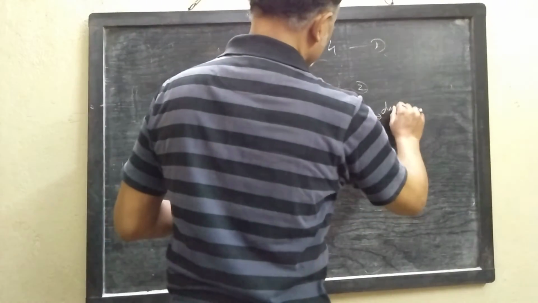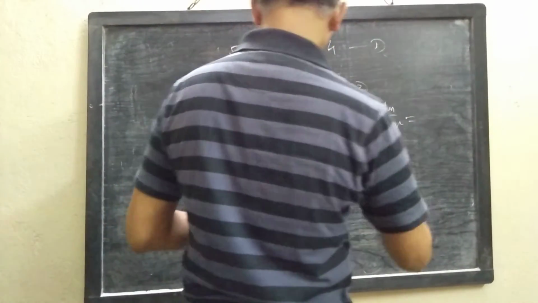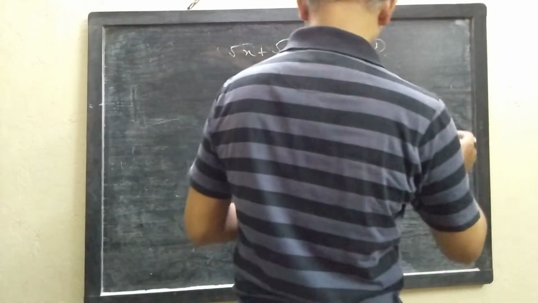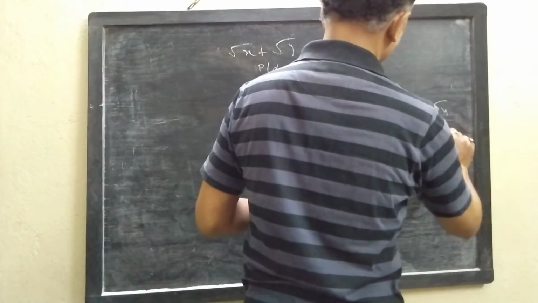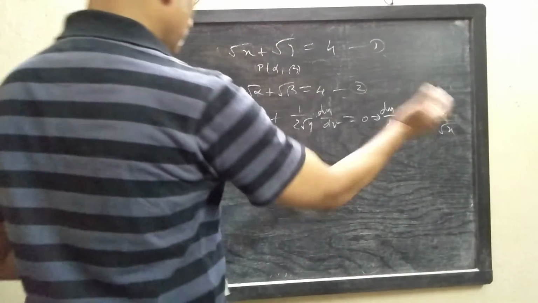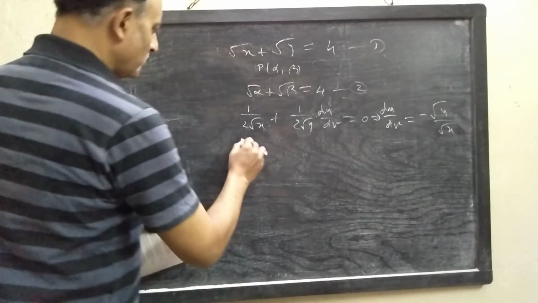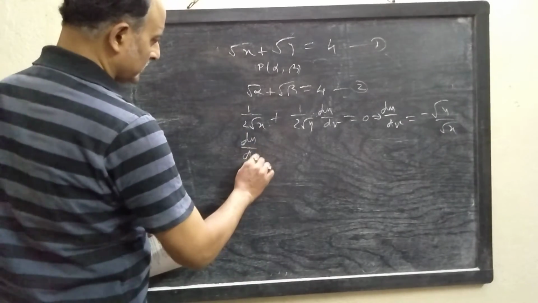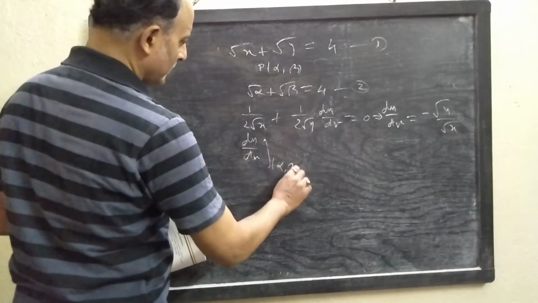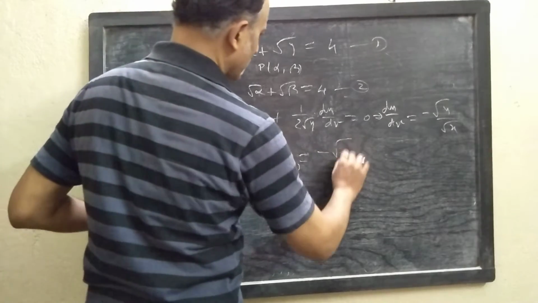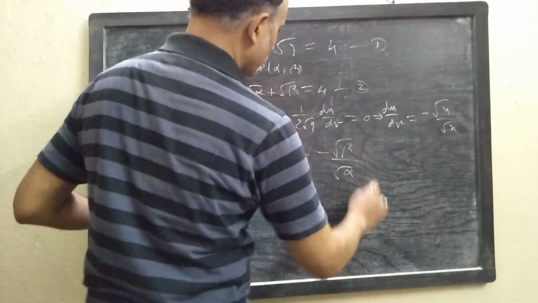That implies dy dx equals to minus root y by root x. So dy dx at alpha beta, that will be minus root beta by root alpha.